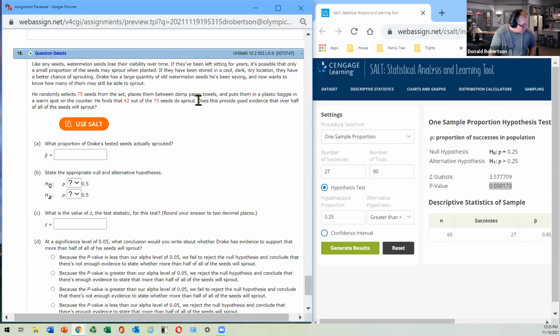Now here's the hypothesis test. Is that evidence to prove that over half of them would sprout? Right, p hat is going to be the 42 out of the 75. That's his sample numbers. And I'm going to turn that into a decimal. And that's 0.56.